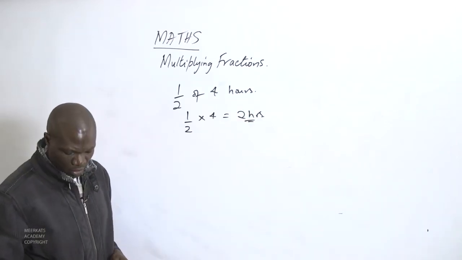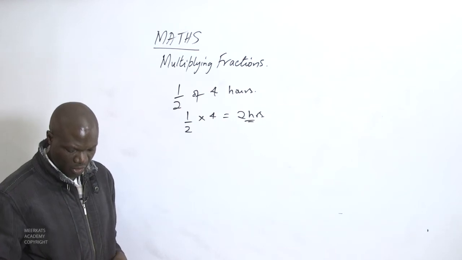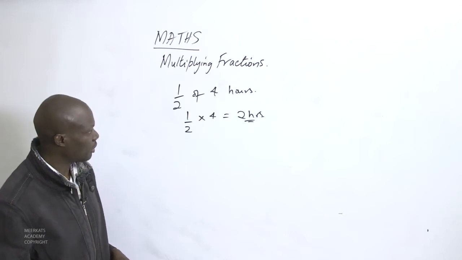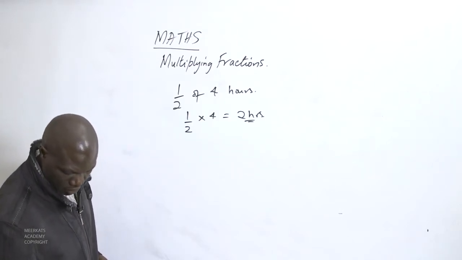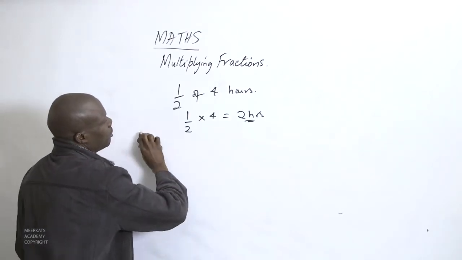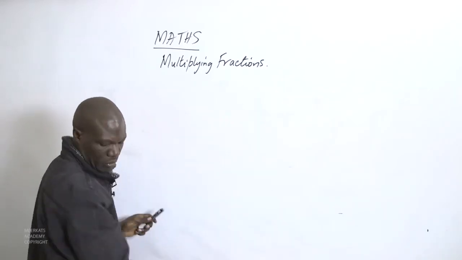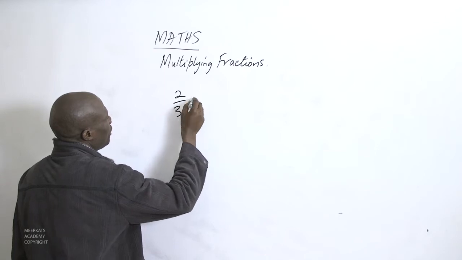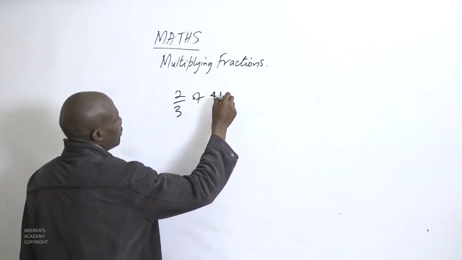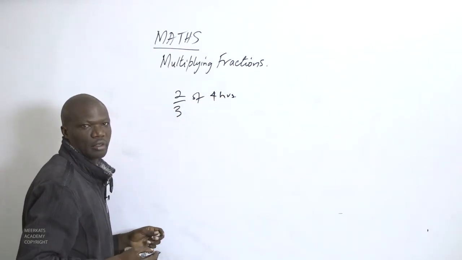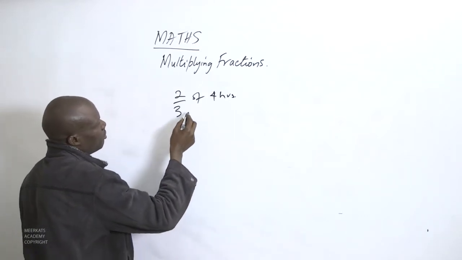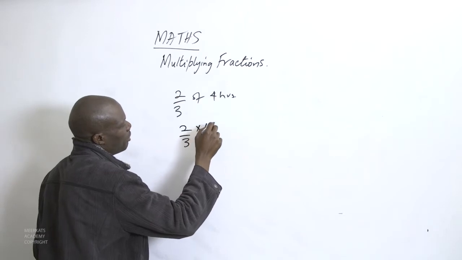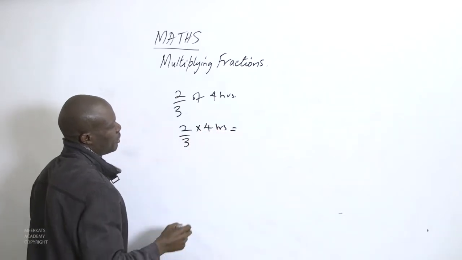How about 2 over 3 of 4 hours? Two over 3 of 4 hours will be the same as 2 over 3 multiplied by 4 hours.